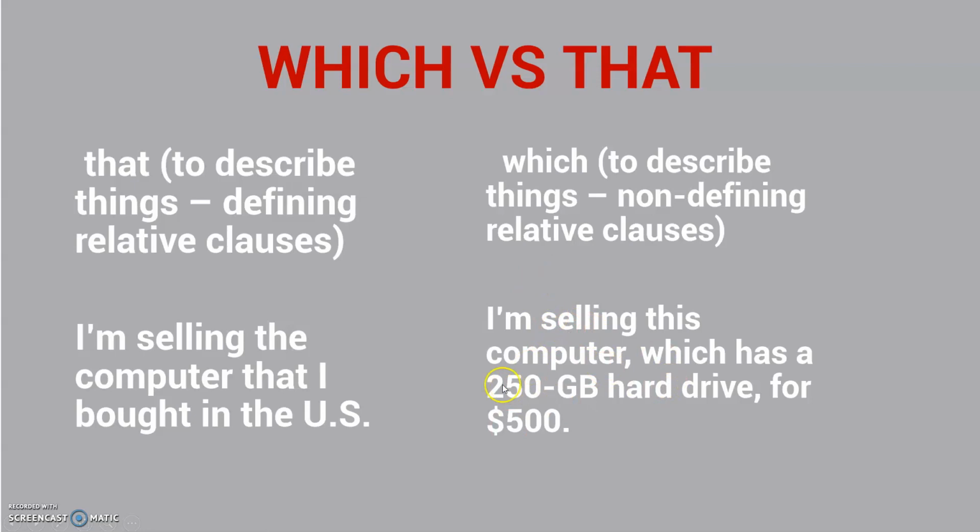So if I say I'm selling this computer, the sentence is okay. It makes sense. It has meaning. But I can add all this extra information to the sentence, and now I can use which. In this case, I'm not gonna use that because it is not essential information. Here, yes, I need this information.